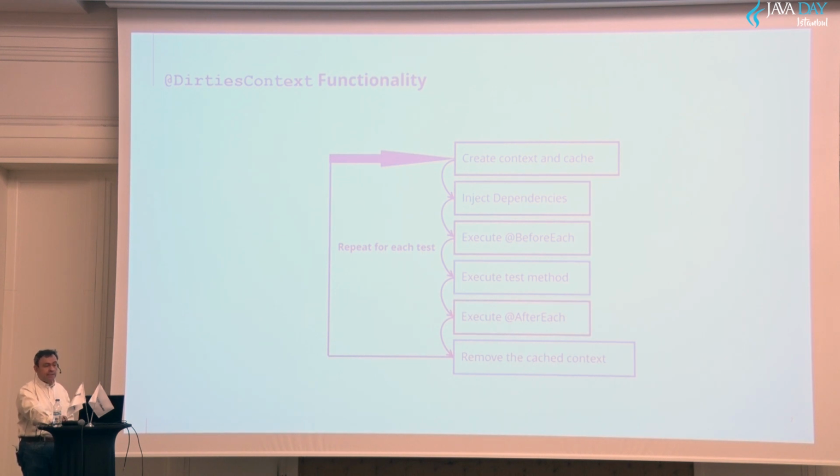We create context and cache, inject dependencies, so auto-wire those things annotated, user repository in our case, execute before each test, after each, remove the cache context, and we repeat things. Yeah. This is the cycle that the DirtiesContext will force to happen.